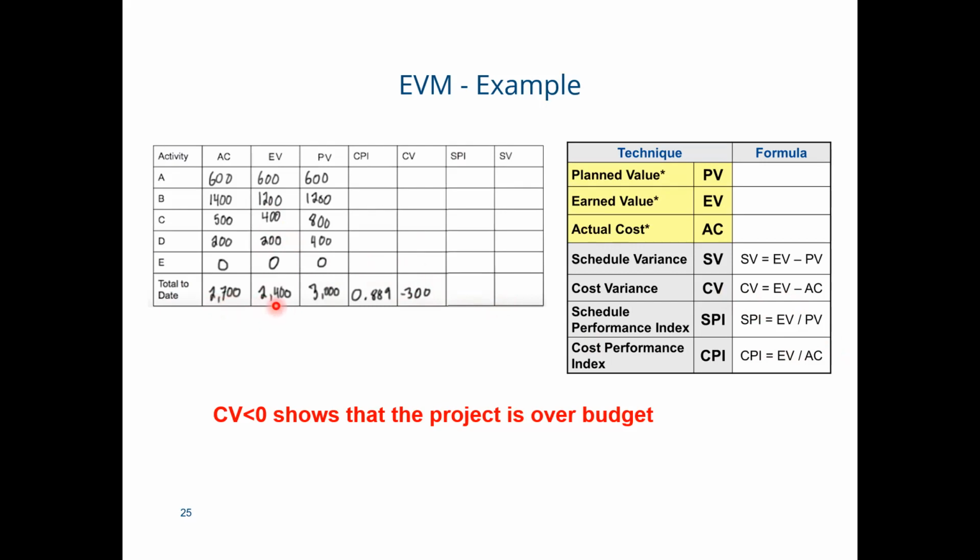So when we subtract 2,700 from 2,400, we get this negative value, minus 300. So if our cost variance is less than 0, it means that the project is over budget, right? We discussed it before: if cost variance is a negative number, it means that performing the work costs more than planned. If the cost variance is a positive number, it means performing the work costs less than the planned value.